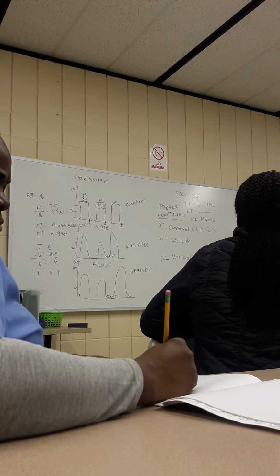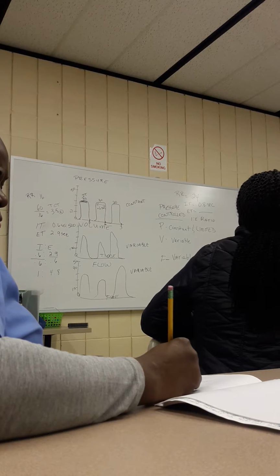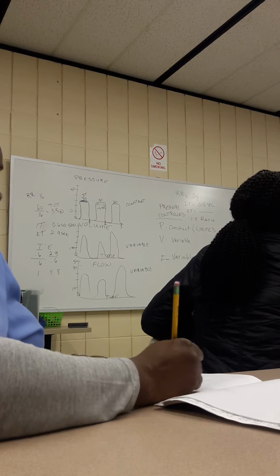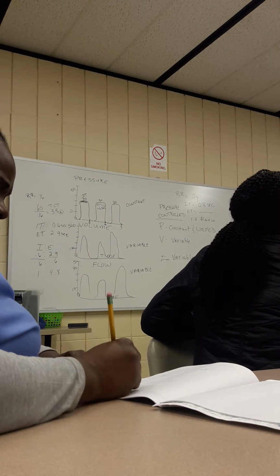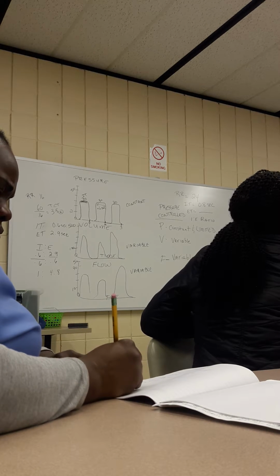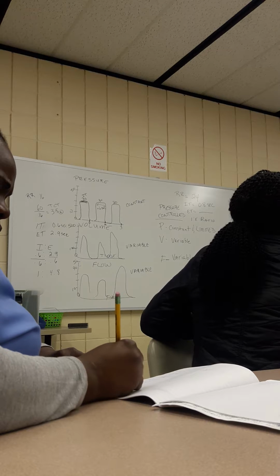When I was looking at 2.9 divided by 0.6, I was thinking it was like 4.5 or 4.6, so if I was off by a little bit. It's not going to be that small. The NBRC does not do that to you either.